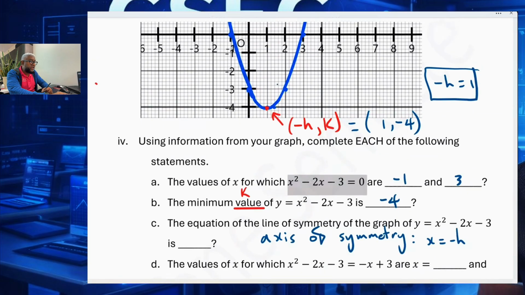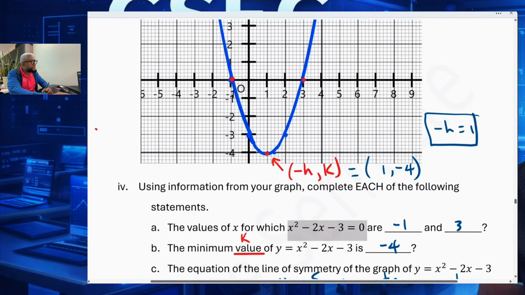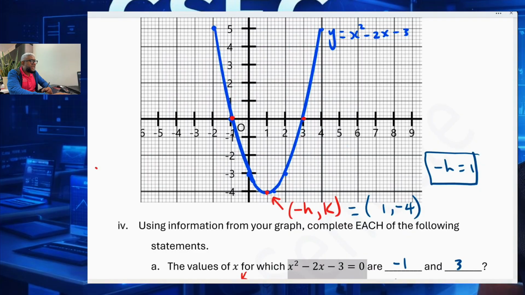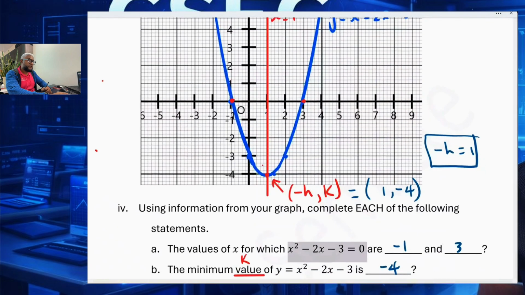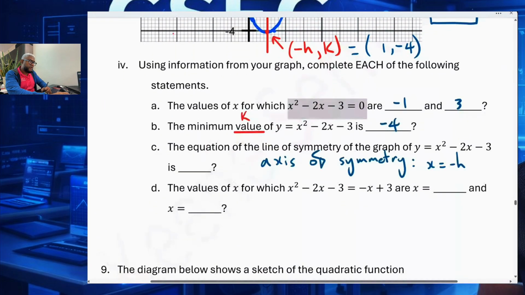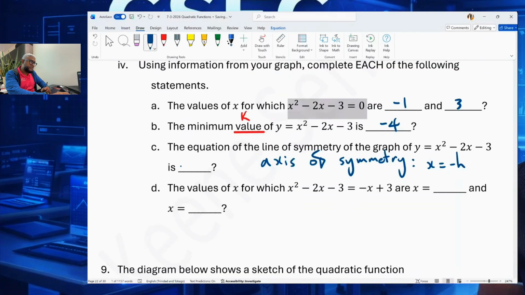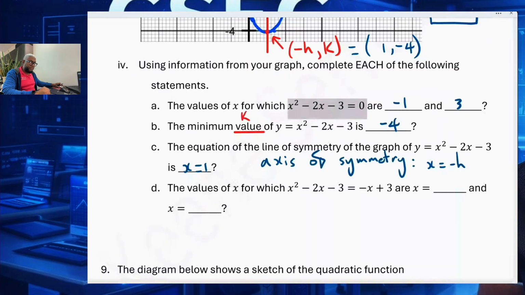That is the value here. So the equation of the axis of symmetry is basically the equation of a line that goes from top to bottom and passes through the value -h in this case. So this will be x is equal to 1. Everybody good there? Right? So this would be x is equal to 1.